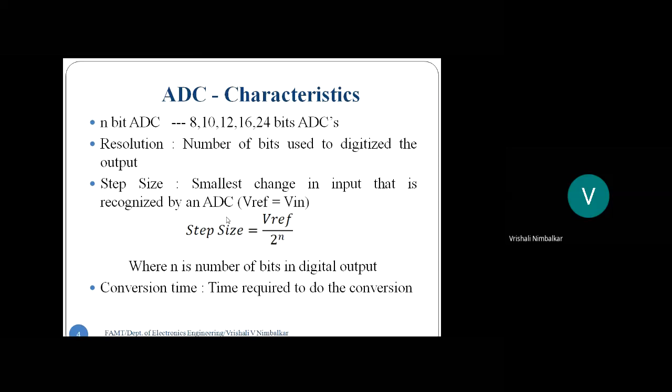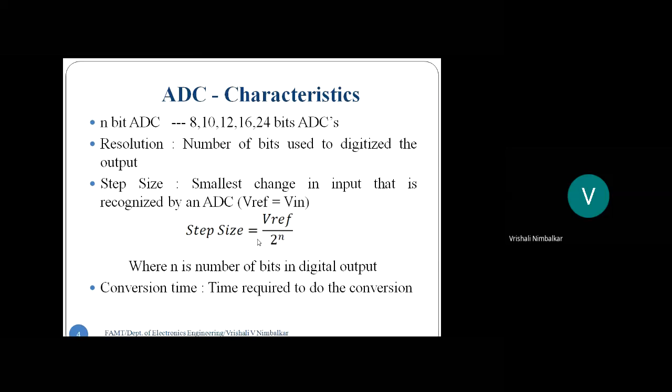Then how do you reduce the step size? Look into the formula. The denominator term 2 raised to n: if you increase that, the step size will be reduced. What is n? The number of bits in the ADC. So larger the number of bits in the ADC, smaller is the step size, more accurate is the ADC.